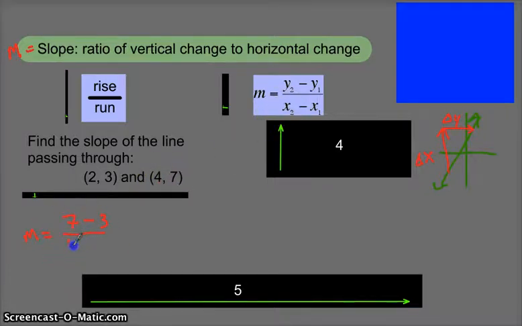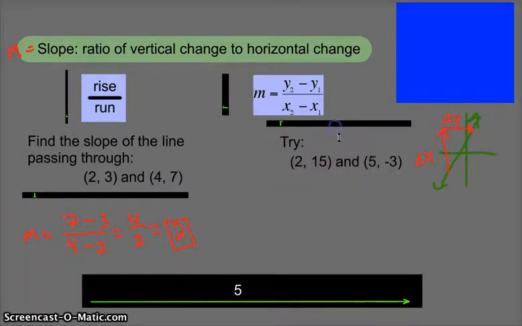Both numbers from the same point need to come first, and the second 2 numbers have to come after that, so that we don't crisscross our numbers. 7 minus 3 is 4, and 4 minus 2 is 2, so the slope of the line between those 2 points would be considered 2. Go ahead and try that same idea with the 2 points given here.